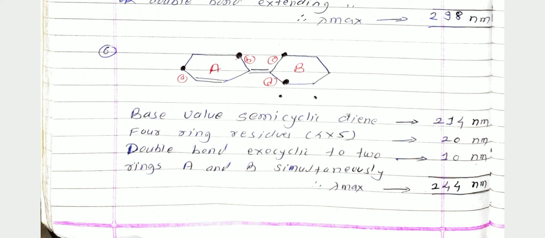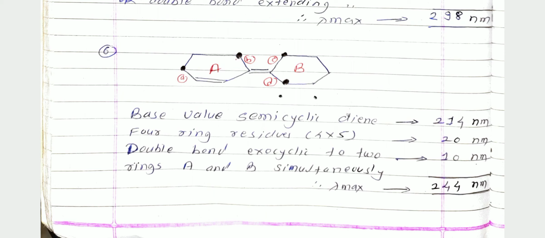Then a double bond hexacyclic to two rings simultaneously, A and B. Ring A also has a double bond hexacyclic, ring B also has a double bond hexacyclic. Therefore, this double bond is simultaneously hexacyclic to ring A and ring B. Then for this structure, we take the value of 10 nanometer. Therefore, adding these three values, the lambda max value is 244 nanometer.